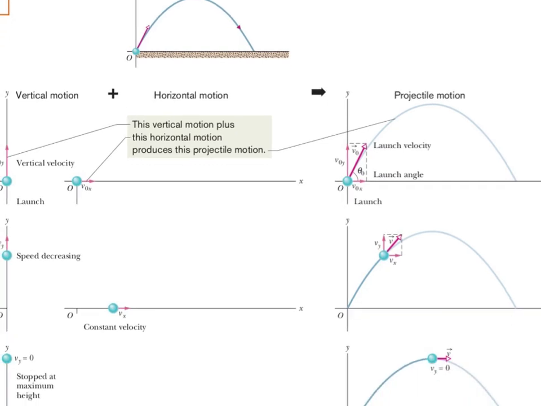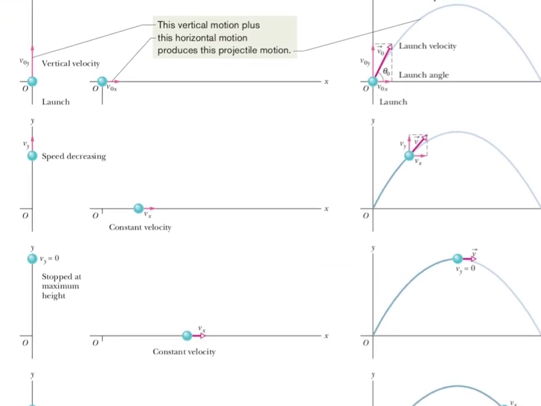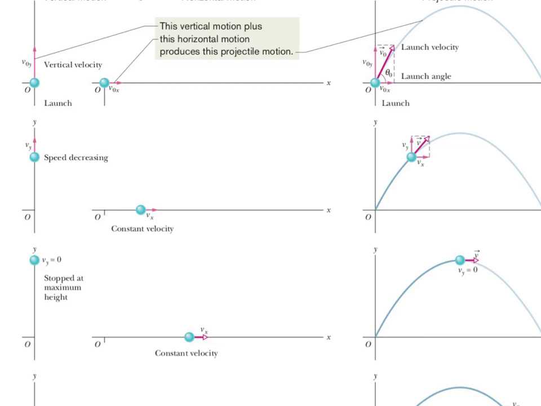In the third instant, we're going to be at max height. And this is probably our most important one, and you know this by now. At max height, vertically, what does it do? Vertically, it stops. It's going to get up to the top, and it's going to stop in the vertical direction. So Vy is 0 when it reaches the top of the path. But it is really important to remember that it is still moving in the x direction.